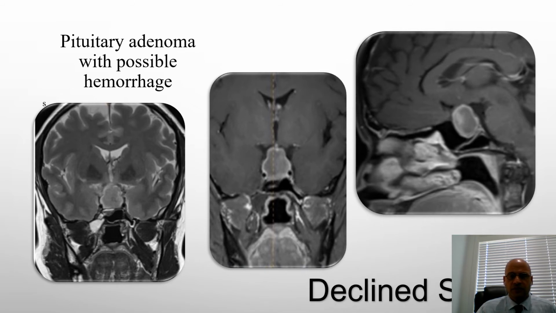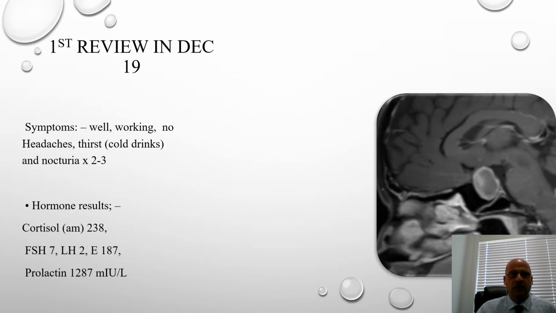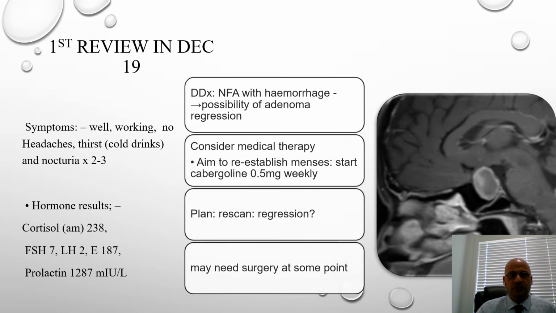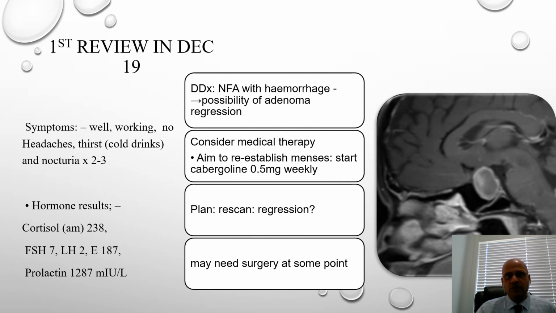So the patient declined surgery initially. We wanted to take her to surgery, and we decided, okay, well, she looks well. She doesn't have any suggestion of panhypopituitarism. Apart from mildly elevated prolactin, the rest was quite essentially normal. The pituitary panel was normal, and we decided to follow her up in 6 weeks' time. The differential diagnosis we were favoring up until that point was a non-functioning adenoma with apoplexy.